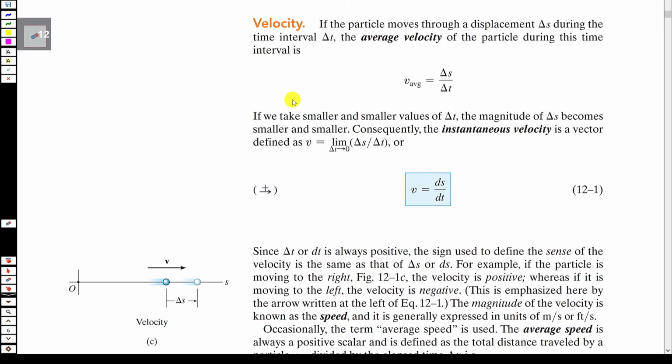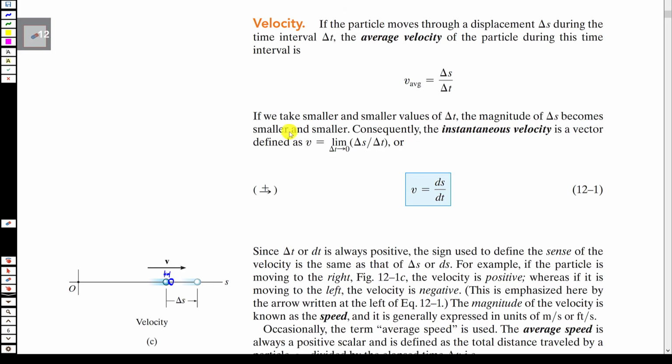Then if we take smaller and smaller values of delta t, if we consider the motion of this particle in very small intervals, say initially the particle was somewhere here and after a very small interval it is somewhere here. If we divide the interval into very small subparts, the velocity could be considered as instantaneous velocity.